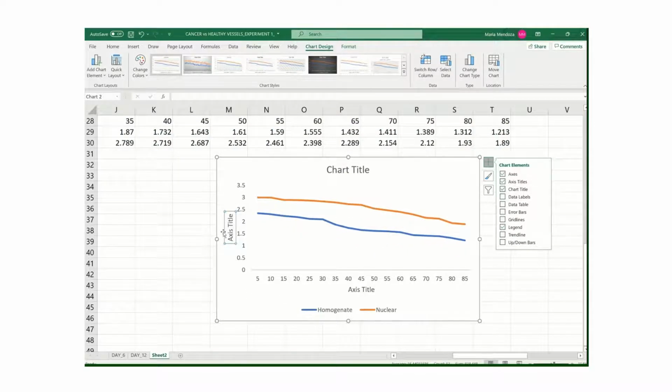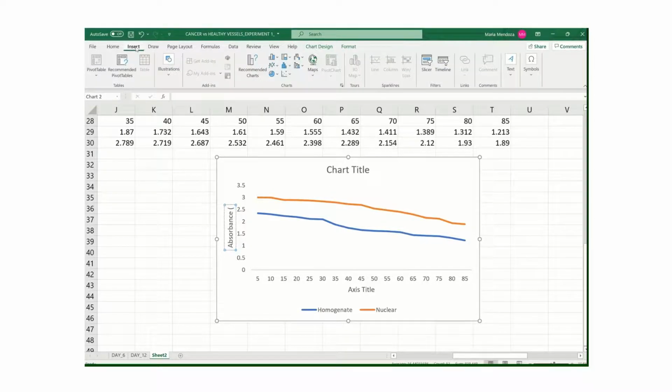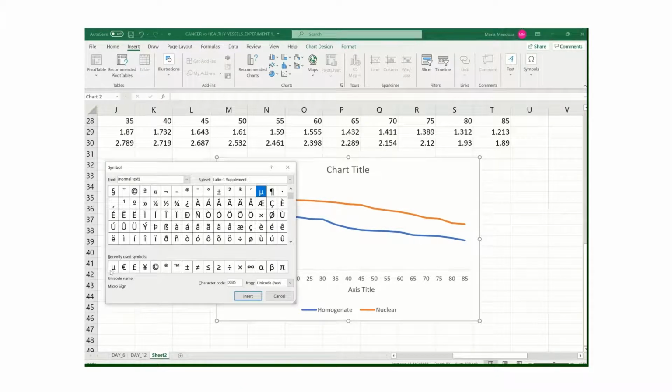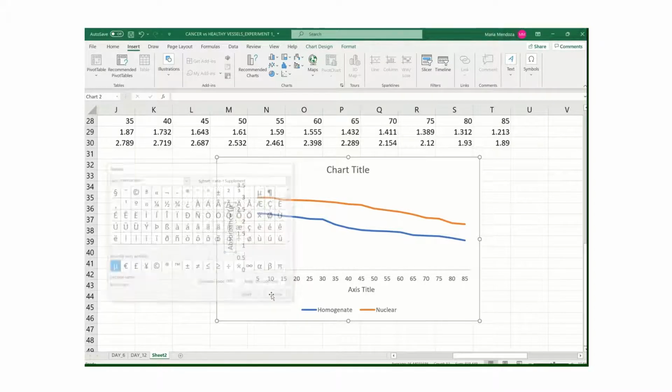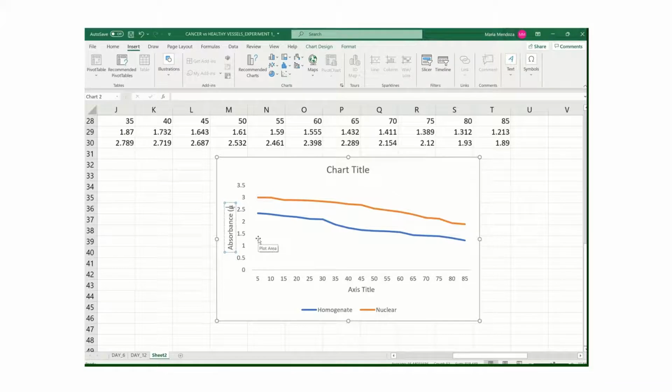There we go. So this is going to be absorbance. And it's going to be in microns. So we're going to go to insert, symbols, symbol, micro, insert, close. So micrometers.